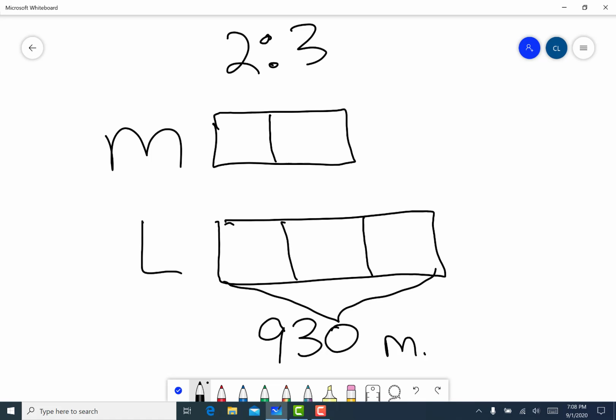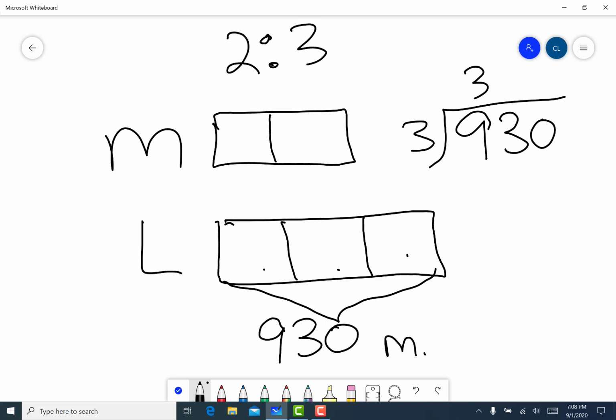All right, so the way you should have solved that is you should have taken 930 and divided by the 3 boxes that are right here. So you'd say divided by 3. Okay, 3 goes into 9 3 times. 3 times 3 is 9. Subtract that, we have 0, bring down the next number. 3 goes into 3 one time. 1 times 3 is 3.